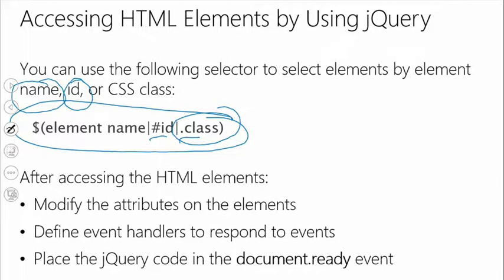Now, once I've got it, then I could go in and start to set up different events. I could also go in and modify attributes. The easiest part of the attribute modification that jQuery offers, I think anyway, is the ability to modify the CSS.